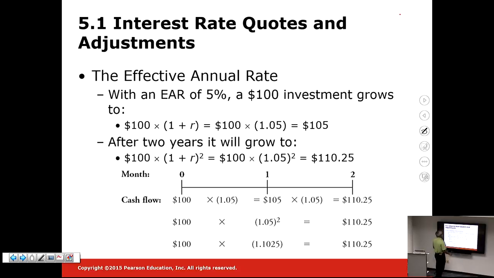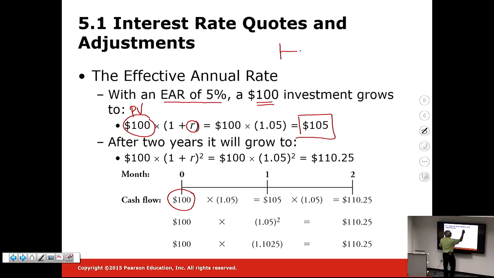So here is a quick example. If an EAR for an investment is 5% and you invest $100, then this becomes your present value because you're investing that today. R is the interest rate, and your future value would be 105. So a $100 investment at the end of 1 year grows to 105.